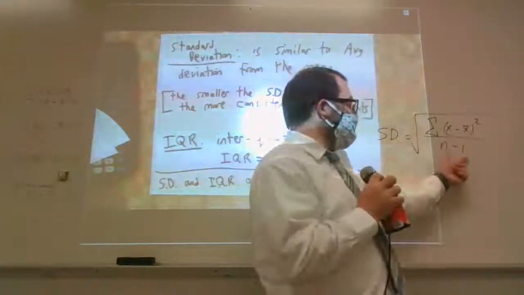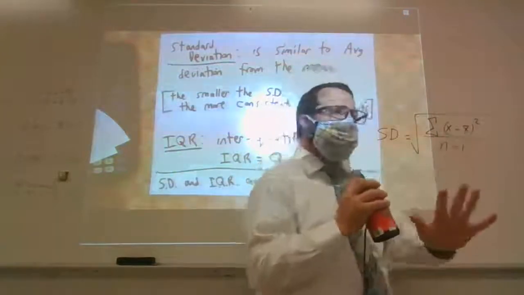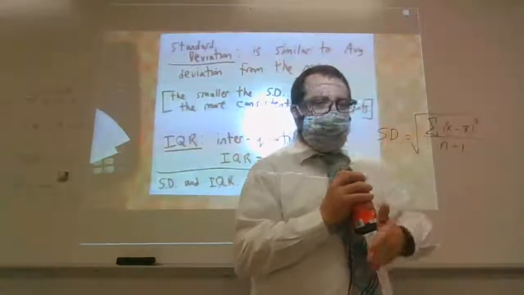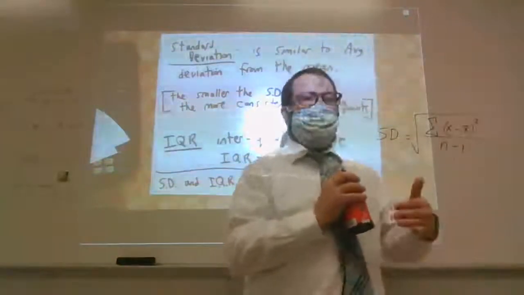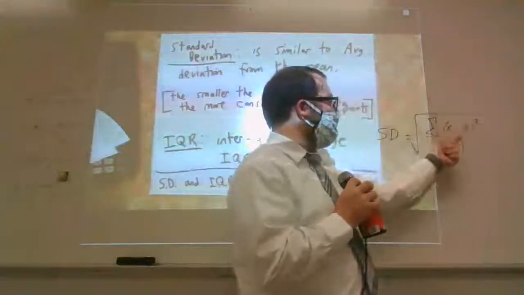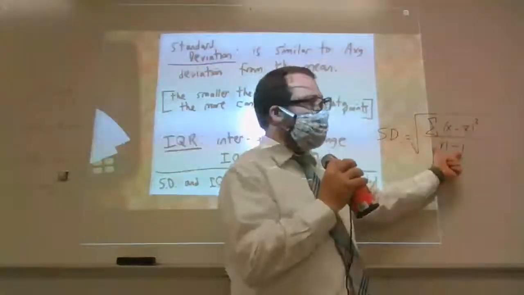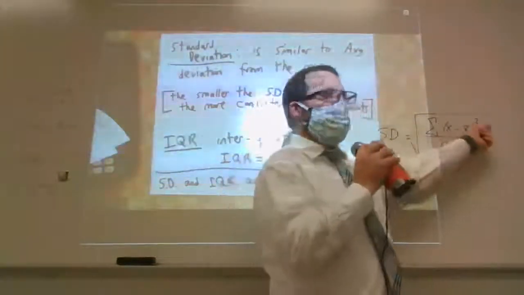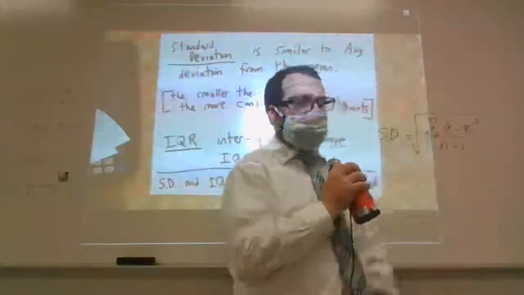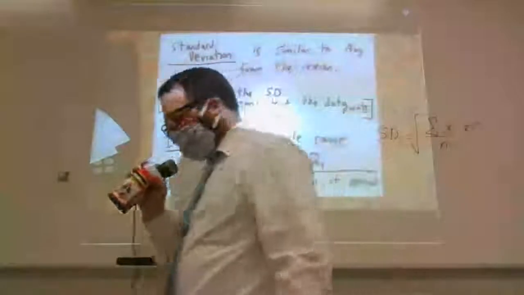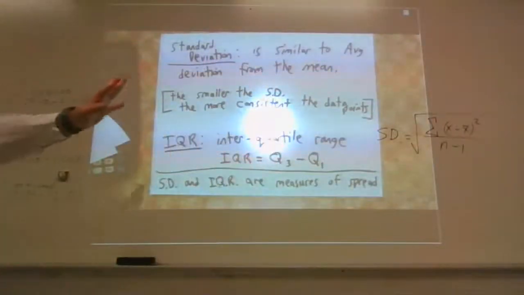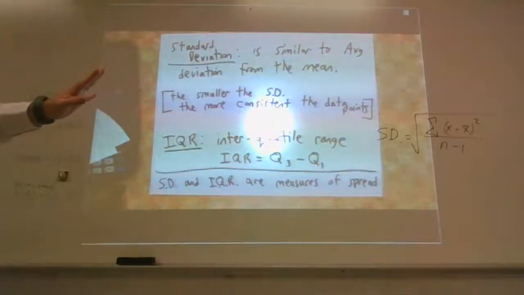But then they divide it by n minus 1, which is kind of like taking an average: you add everything up and divide by however many there are, except it's n minus 1. Then because they squared it, they want to put it back to normal, so they square root it back. It's a really tough calculation. But the general idea is the more data points that you have, the smaller the standard deviation. Again, you're not going to have to know that formula. The calculator does it for you.